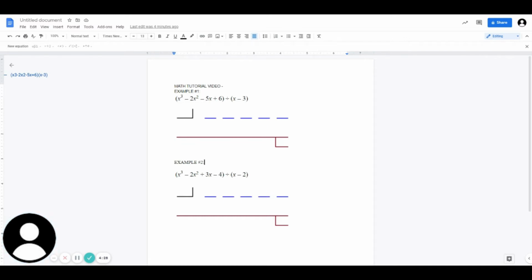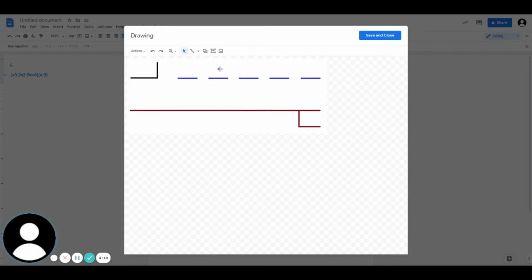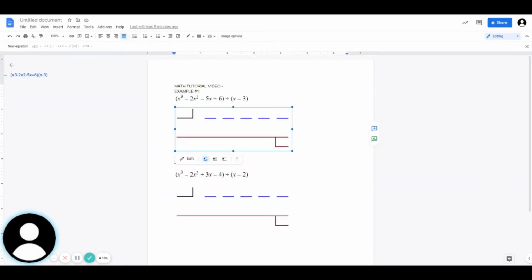For my first equation, I chose x cubed minus 2x squared minus 5x plus 6 divided by x minus 3. So what do we do now? First of all, we need to put numbers here. For this template, I have a template with five coefficients, but in this example I only have 4. But it's the same case, it doesn't matter a lot.